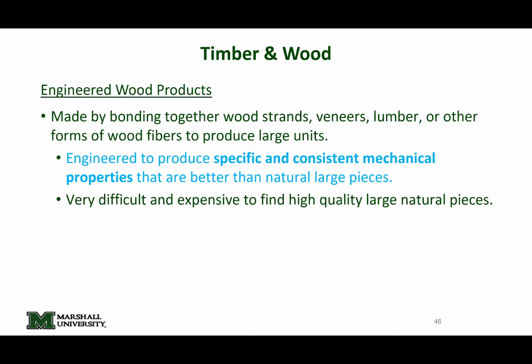So everything I've been talking about is sawn lumber. As we saw in the video last time, with sawn lumber we're really good at optimizing the use of the tree, and we are able to get a very efficient use of it.